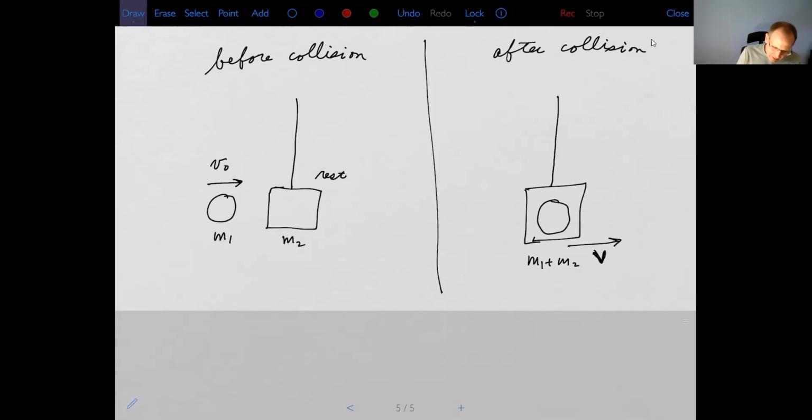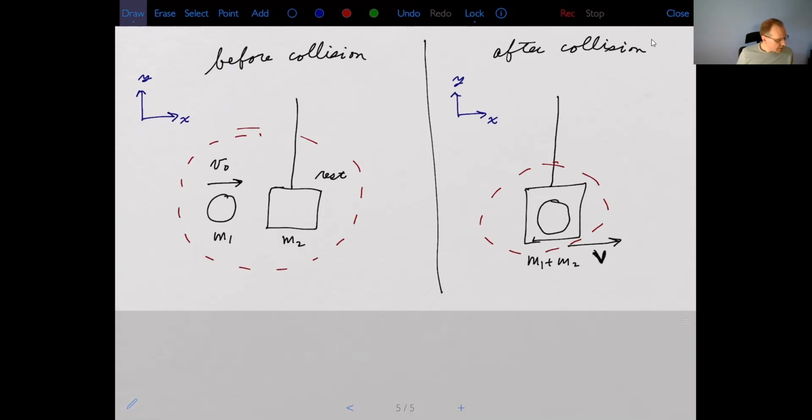Okay, so if I consider the ball and the pendulum to be my system, this is the system before the collision, and this is the system after the collision. I'm going to use my standard coordinate system, where I have x to the right and y in the vertical direction.